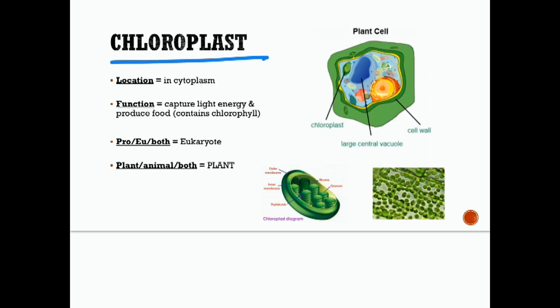The chloroplast. The location is in the cytoplasm. Function is to capture light energy and produce food, and it contains the chlorophyll. Just in eukaryotic cells and just in plant cells, not animal cells. So, in your pretend city, this would be like the solar power plant.